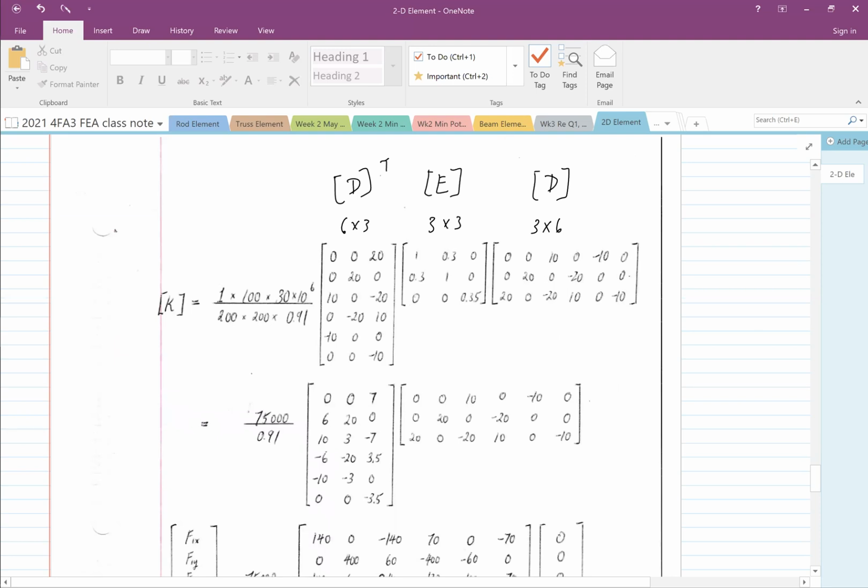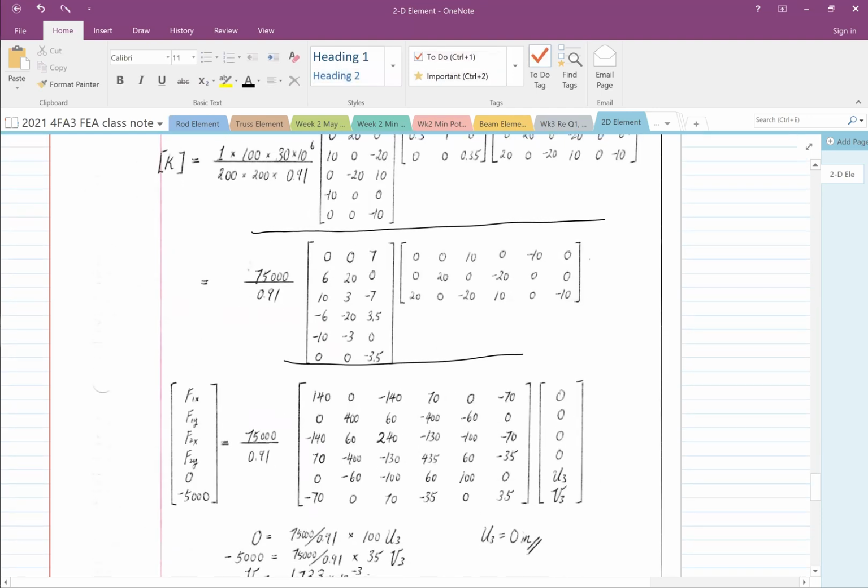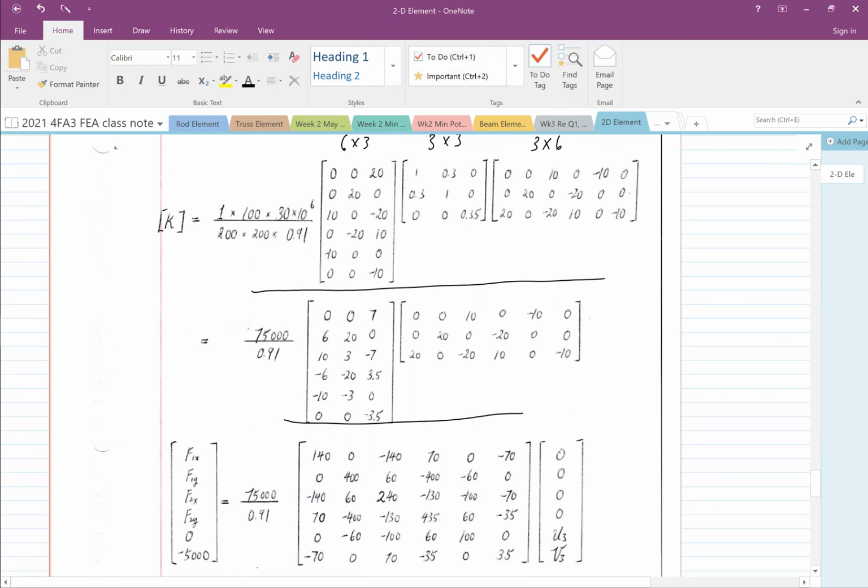In this problem, I do everything by hand, but you are allowed to do that in Excel. Finally, we can develop the final K matrix in Excel.